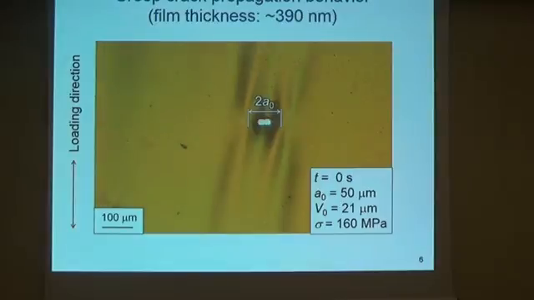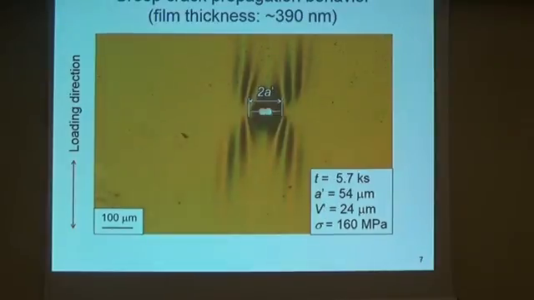Then, with the passage of time, the crack began to propagate at each notch root, and you can see vertically striped wrinkle deformation around the notch.